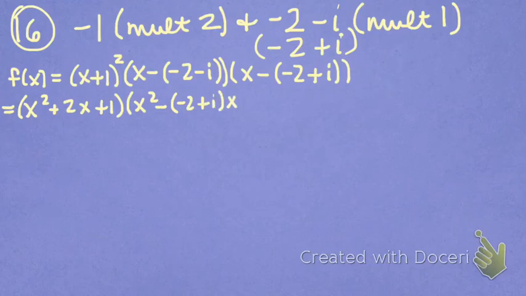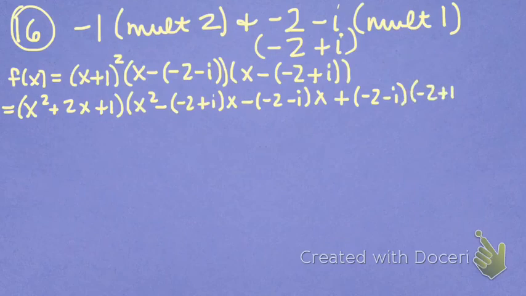Our inner product will be minus negative 2 minus i x. And then our final part of that multiplication is a negative times a negative gives us a positive. Negative 2 minus i times negative 2 plus i closes out our expansion of the two complex factors.